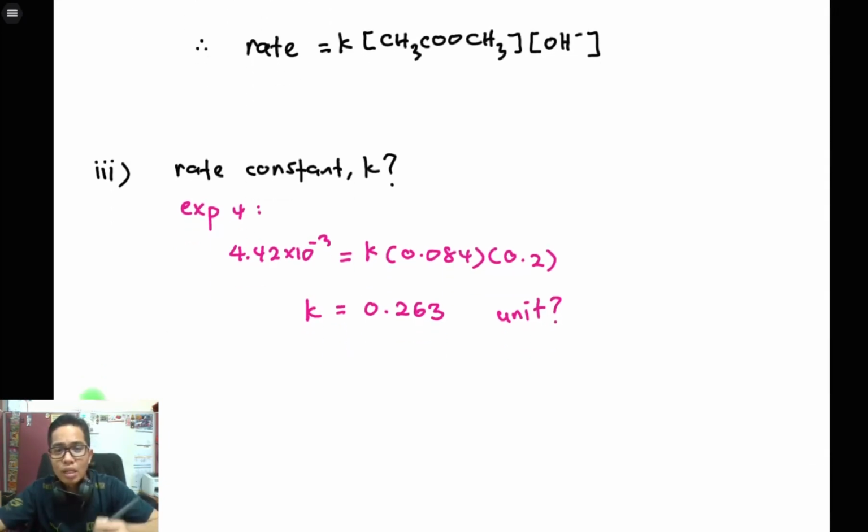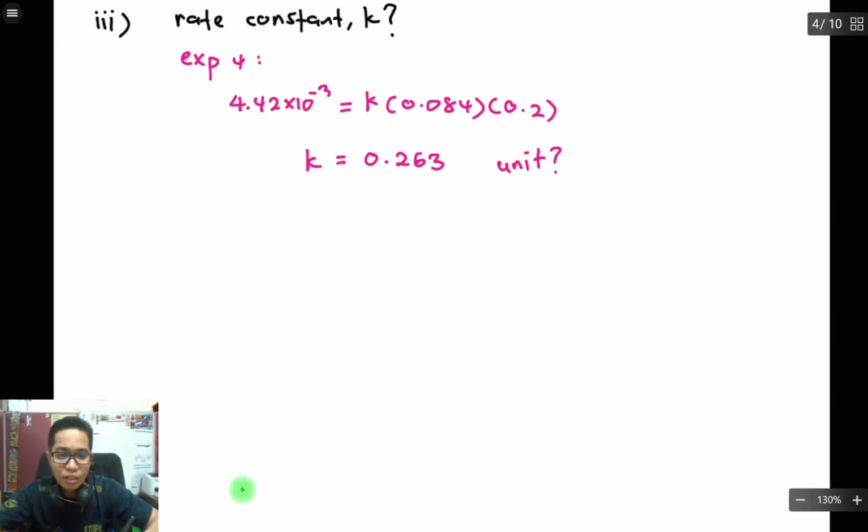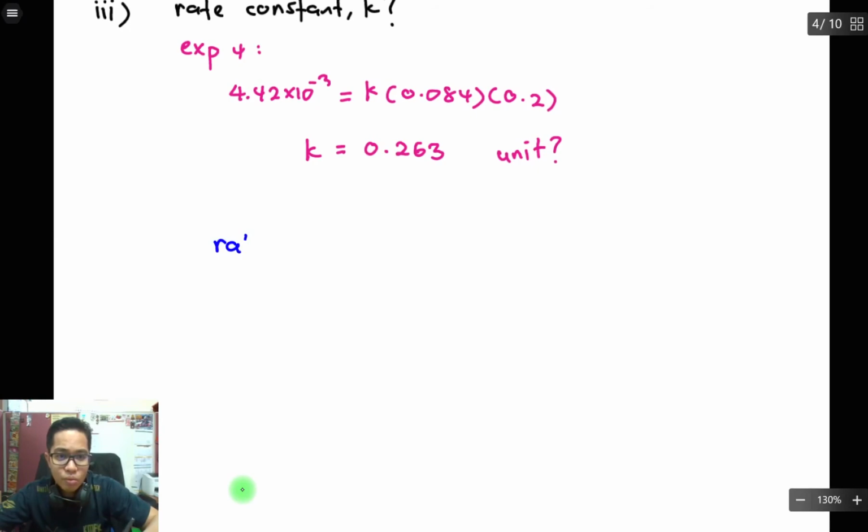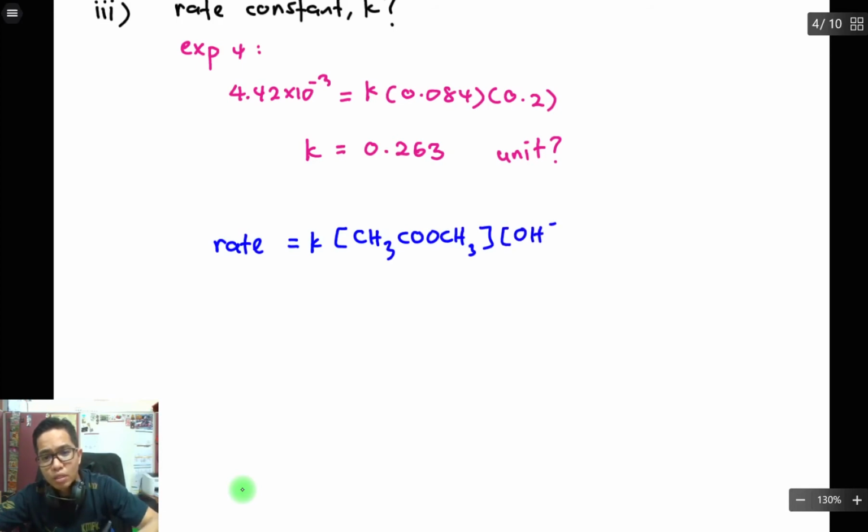Okay. So let's say I rewrite again the rate law kat atas. Rate equal to K concentration of CH3COOCH3 times with OH minus. Okay.